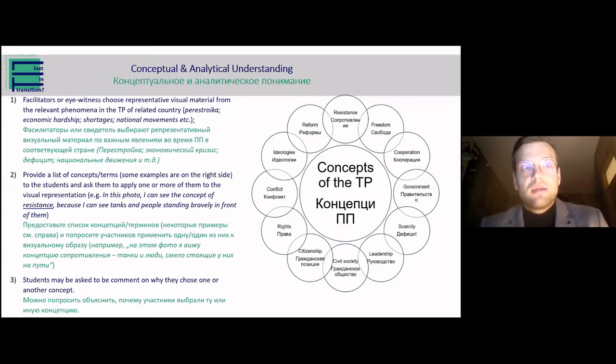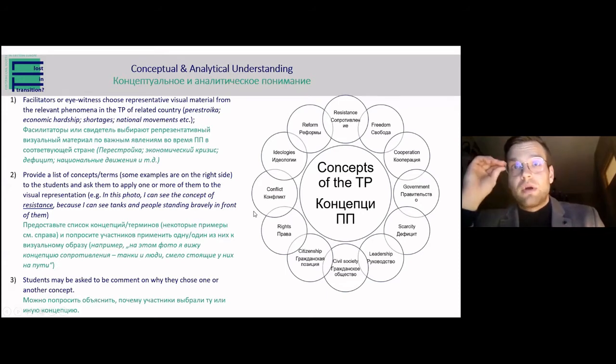So then you provide a list of concepts or terms to the students, and some of these examples are on the right side on your screen, and ask them to apply one or more of them to the visual representation. It is healthy and relevant to make some association methods towards the concepts, because not all of them might be super clear to students.